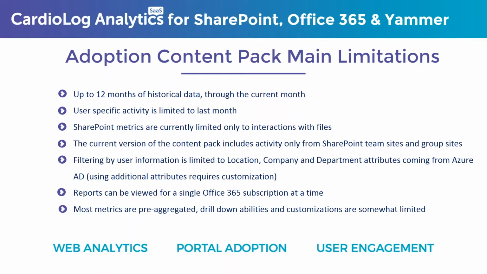Also, reports can be viewed from a single Office 365 subscription at a time. But I think most importantly, it's important to understand most metrics are pre-aggregated. So that limits a bit the ability to drill down and further see what's behind these metrics. For example, we weren't able to see which sites are active and which files were active.